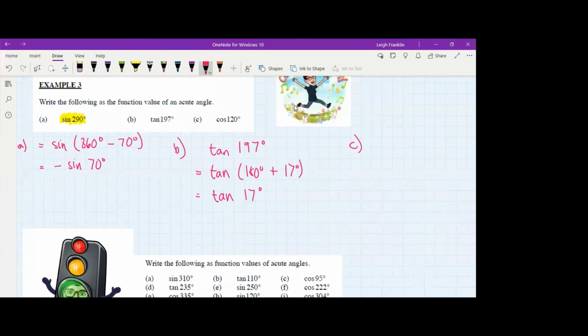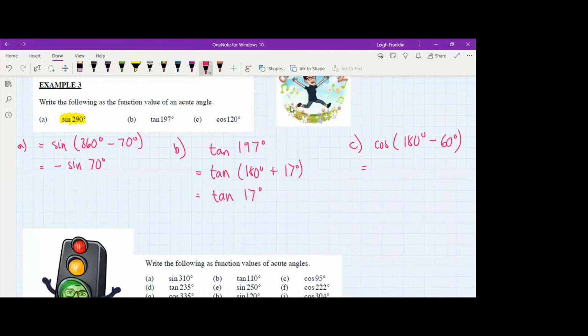I'm sorry we didn't get quite as far as that this lesson. Cos 120, what quadrant are we in, grade 11s? We are in quadrant 2. Perfect. Quadrant 2, so that's 180 minus. So this is cos of 180 minus 60. This is going to end up being a special angle.